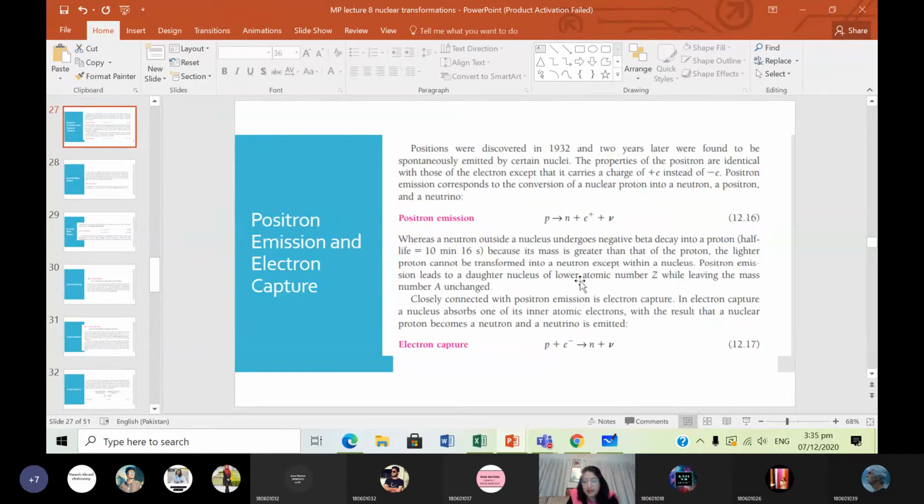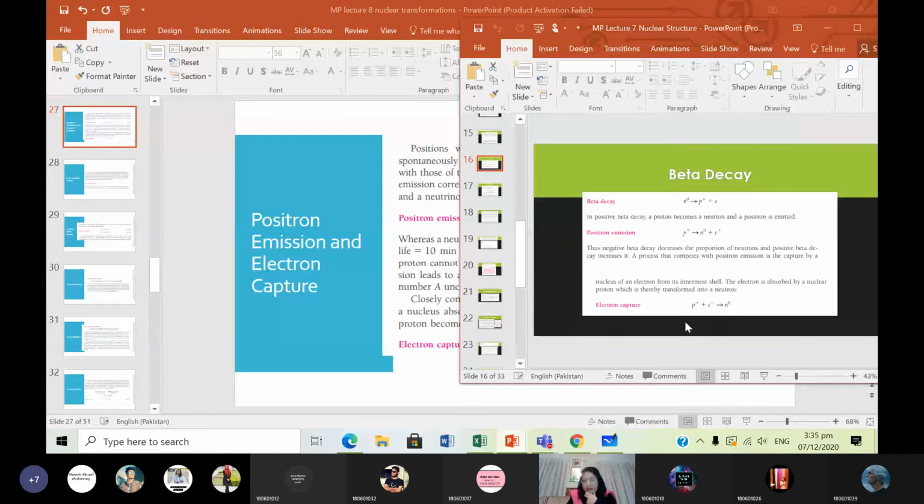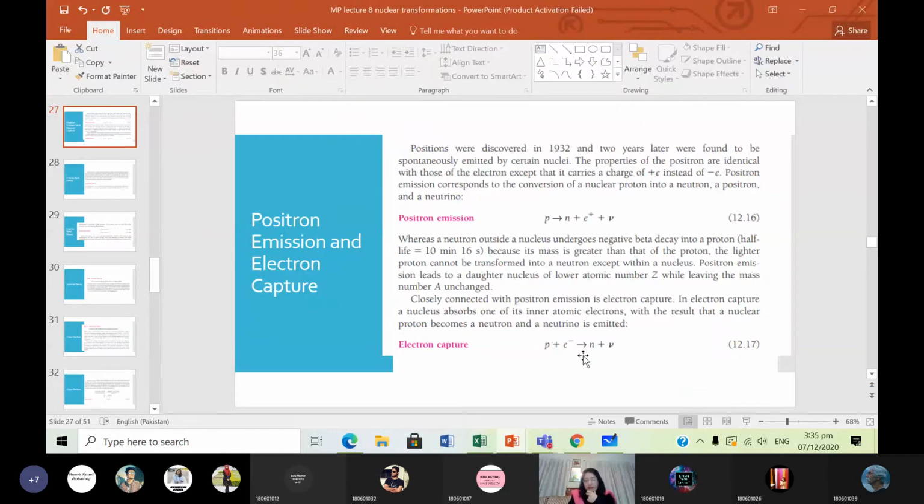Okay? So basically now, closely connected with positron emission, we talked about electron capture last time as well. Last time we said that in electron capture, proton plus electron will go to a neutron, but there's also a neutrino emitted in that reaction.